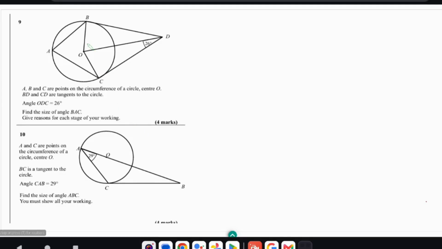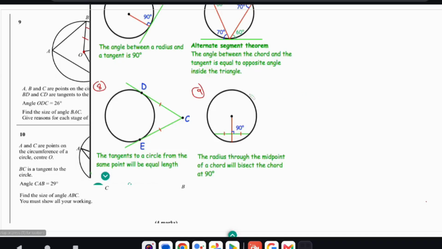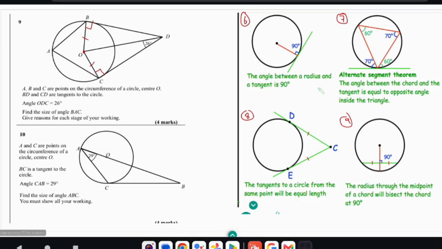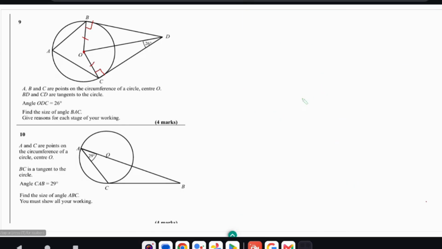Okay, so A, B, and C are points on the circumference of a circle. B, D, and C, D are tangents. So already I'm just going to note we've got a radius, so 90 degrees, 90 degrees. Because of my theorem number 6, angle between a radius and a tangent is 90 degrees. Angle ODC, 26 degrees.